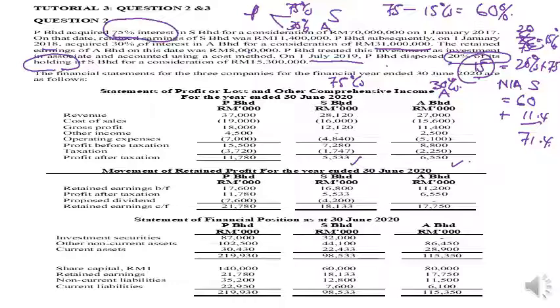On 1st of July 2019, P disposed 20% of its holding in S for cash considerations of 15,300.